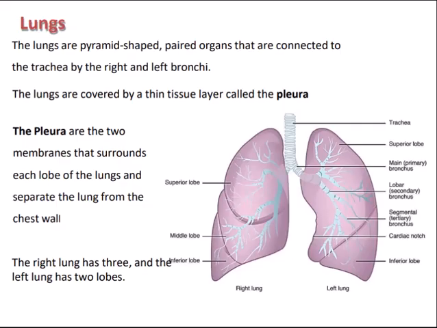It is simple squamous mesothelium, underlying connective tissue. Their type, we have two types. We have the visceral pleura and we have parietal pleura. The visceral covers the lung, and parietal lines chest wall. Between them, pleural cavity with fluid. It reduces friction.